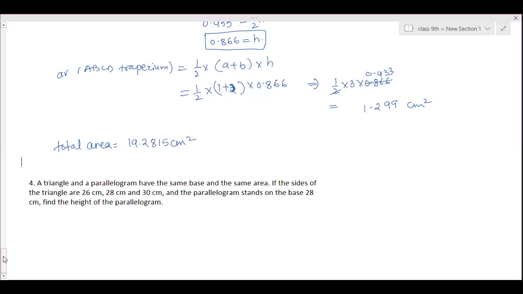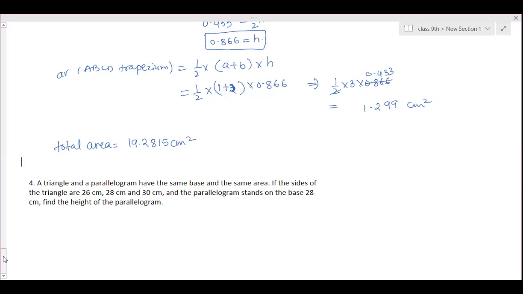Ma'am, is the area 336? Even I'm getting 336. Yes, 336 is the right answer. That is the area of the parallelogram.